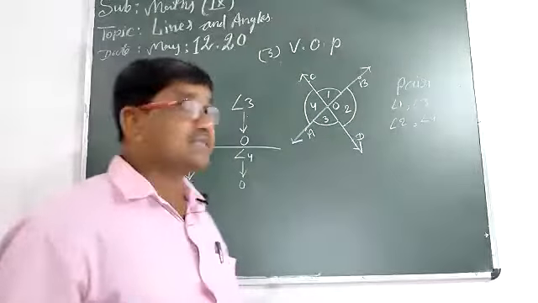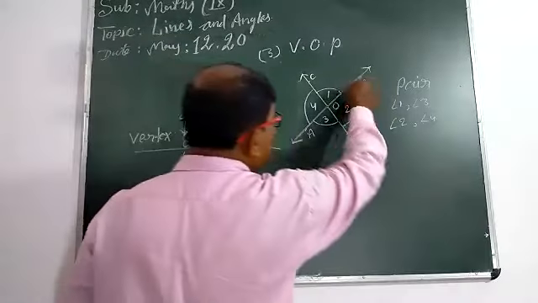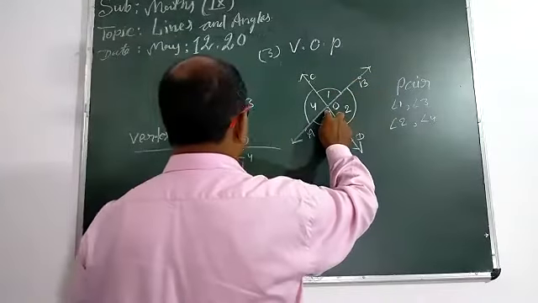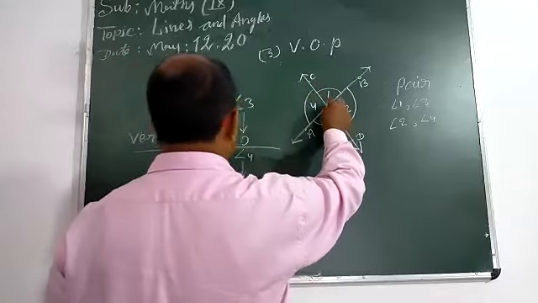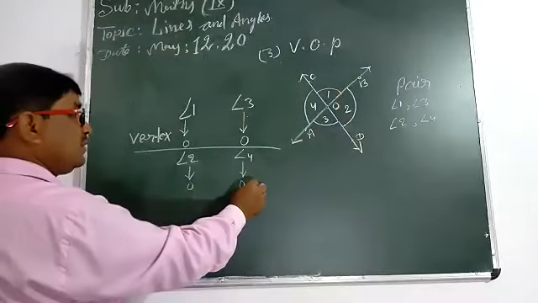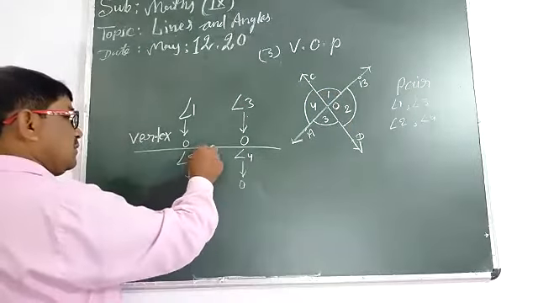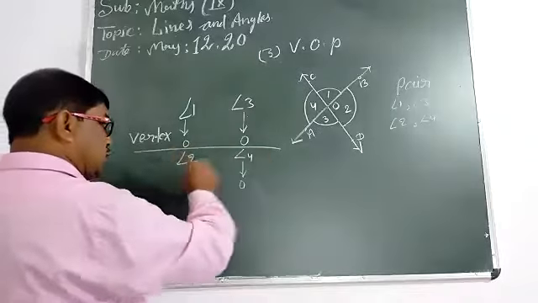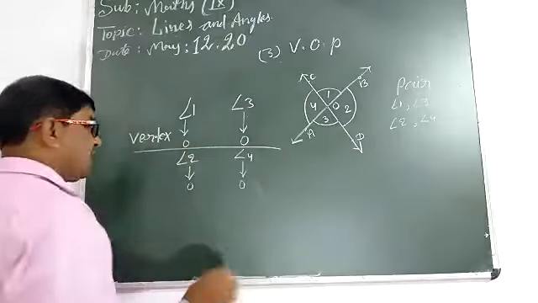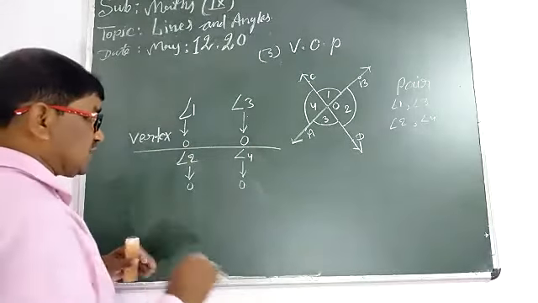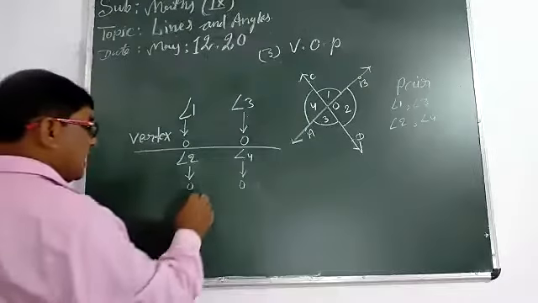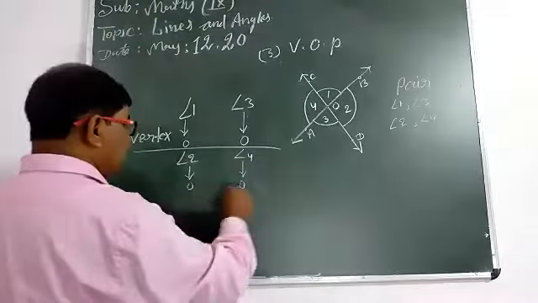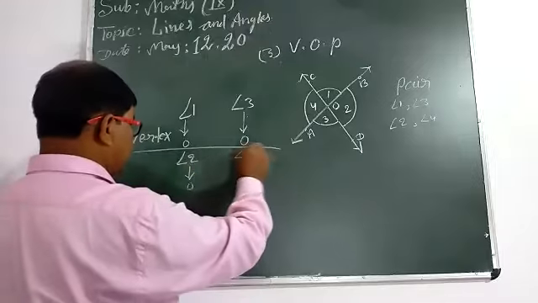So the vertex of angle BOD is O and the vertex of angle AOC is also O. Here, angle 2 and angle 4 are just opposite to each other. This type of pair is called vertically opposite angles.